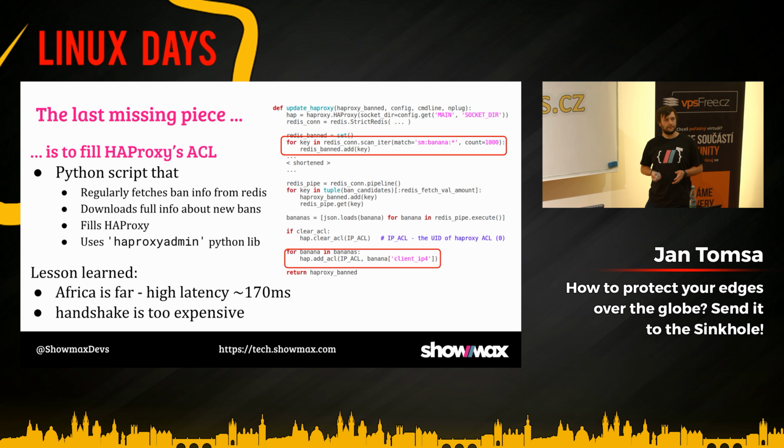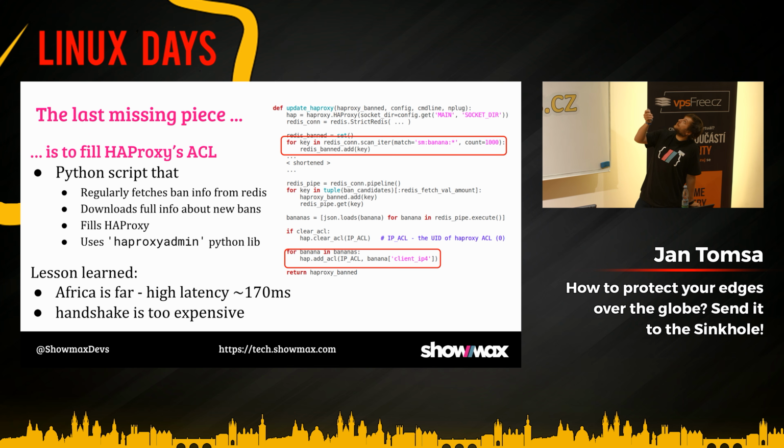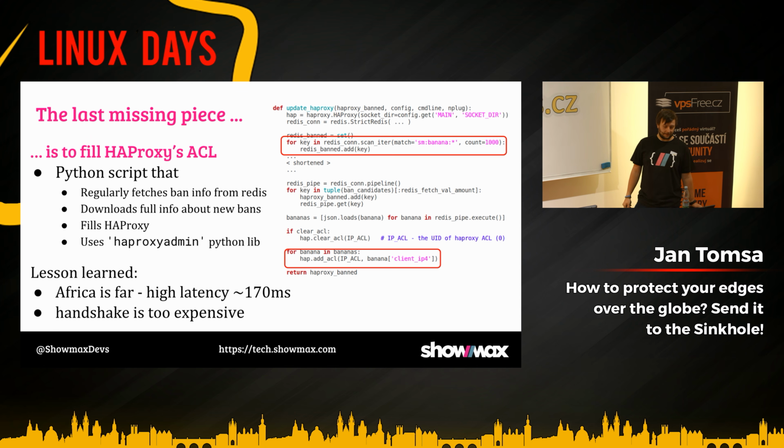Everything worked okay, but when we deployed it to production, suddenly sinkholing stopped working in Africa. Actually, it went mad because it took more than 15 minutes to run this first cycle. So the bans had completely changed during that time, so it was doing nonsense in Africa.